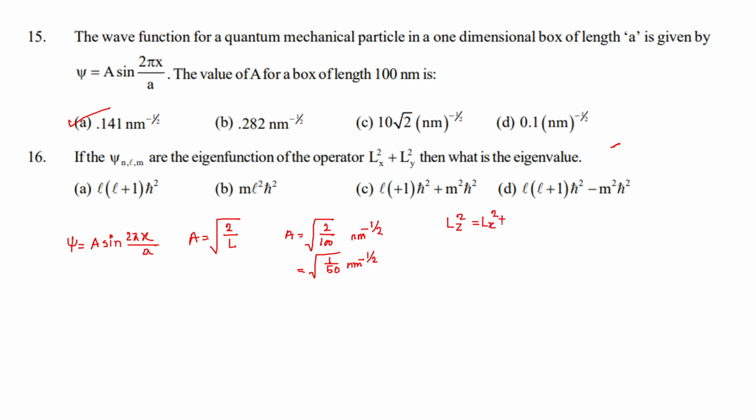Lx square plus Ly square plus Lz square. So we can write this Lx square plus Ly square in terms of, sorry, my bad, should not be L square, L square, right?